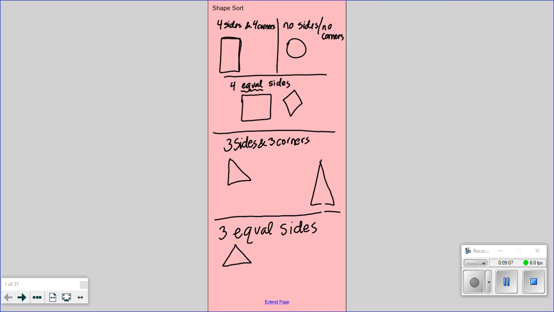Yep, we got 19. Any other pieces in this new category? It's not a trick question, you just gotta look at the pieces. Emma?